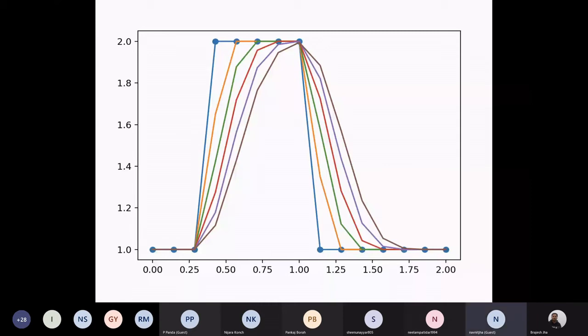You can have a smoother graph just by increasing the value of nx, that is, the value of uppercase L. This is how, as time moves, the wave is moving further.